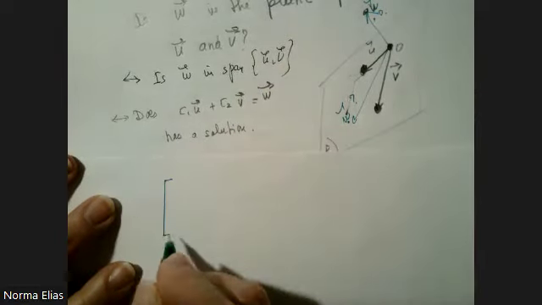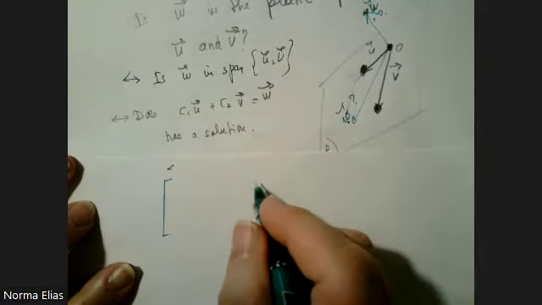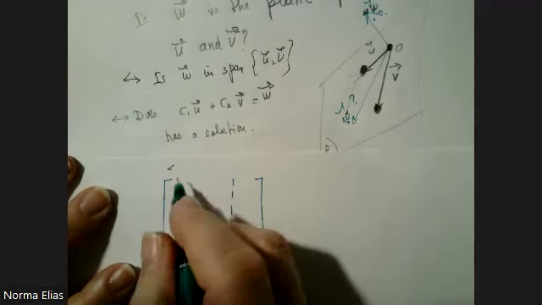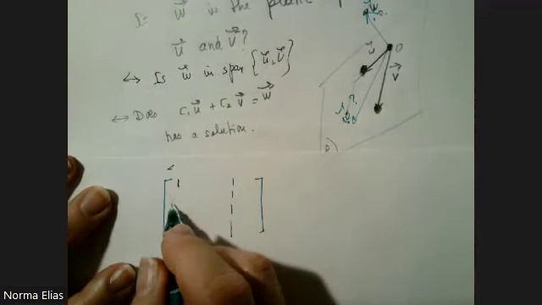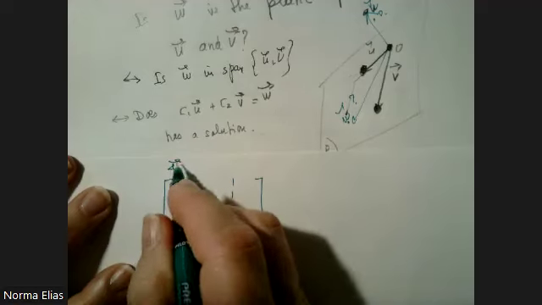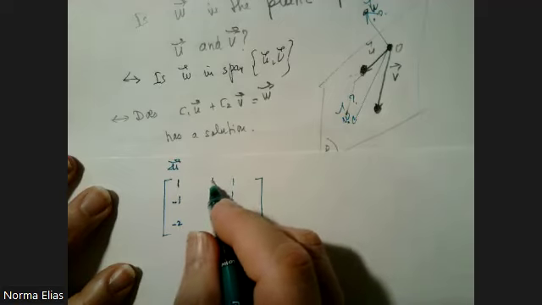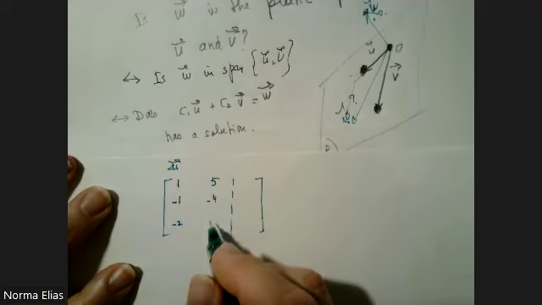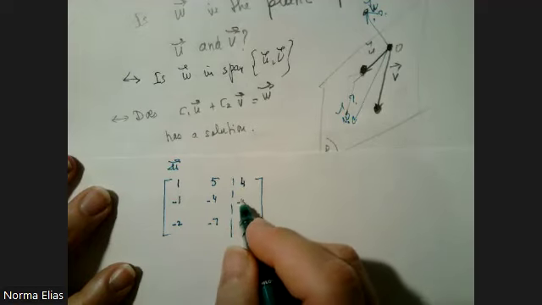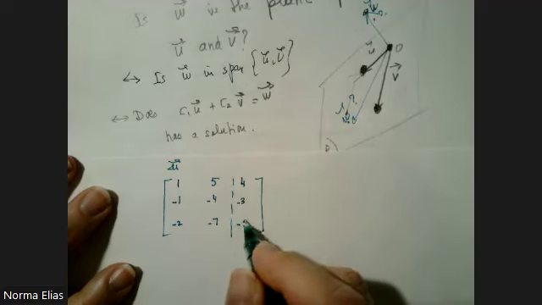Solving this is equivalent to solving the system where the augmented matrix has the coefficients of C1 as the vector U, the coefficients of C2 as the vector V, and the augmented column is W.